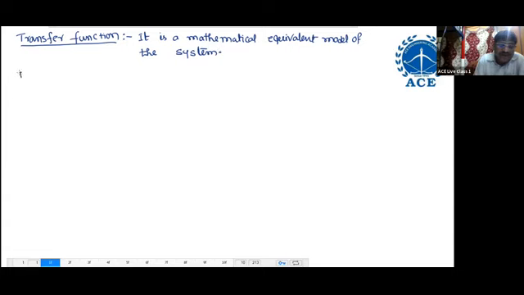What is the definition of transfer function? There are two definitions for the transfer function.